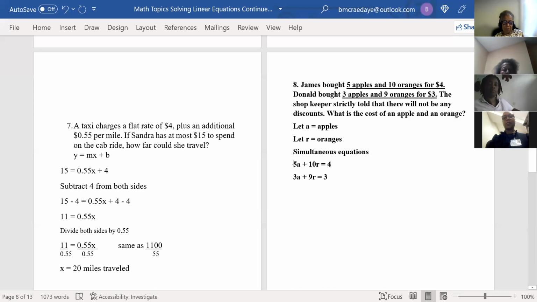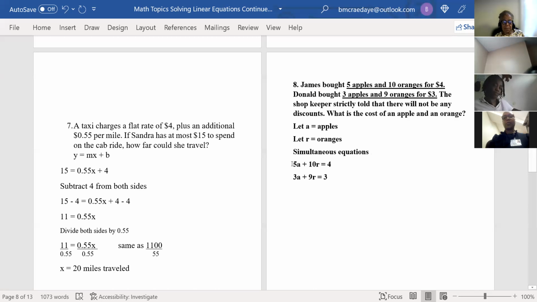So this is a 5 and this is a 3. Now, what can I multiply this equation by and this equation by such that my coefficient for A is the same? Think of 5 and 3. 5 goes into what number and 3 goes into the same number? 15.